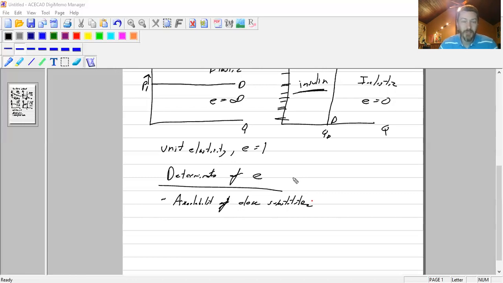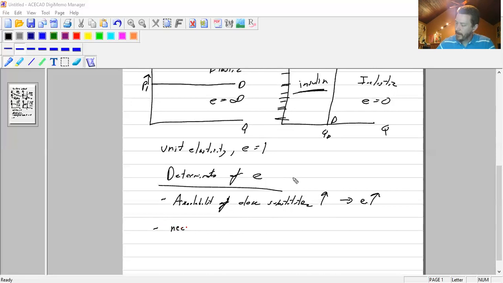So there's going to be a relatively high elasticity. So if the availability of close substitutes goes up, that translates into a high elasticity. That should make sense, right? The easier it is to substitute away from a product that's increasing in price, the more people will substitute. That can also be thought of as just a relatively responsive demand curve.